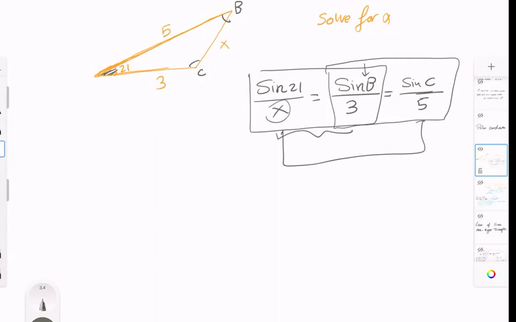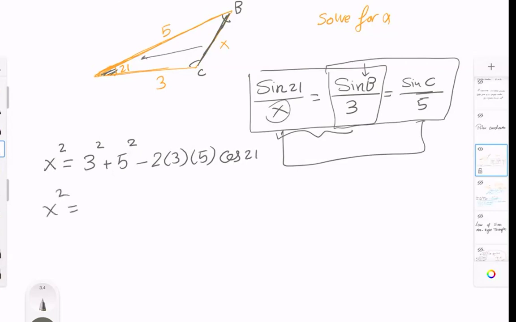Law of cosine says x squared, this side squared, equals 3 squared plus 5 squared minus 2 times 3 times 5 cosine of the angle in front of this first side, cosine of 21. So now we have x squared.